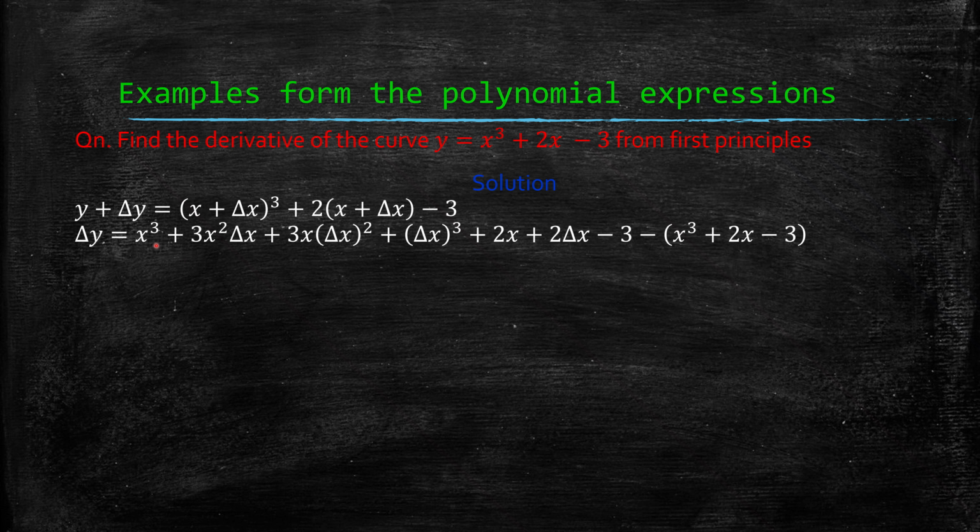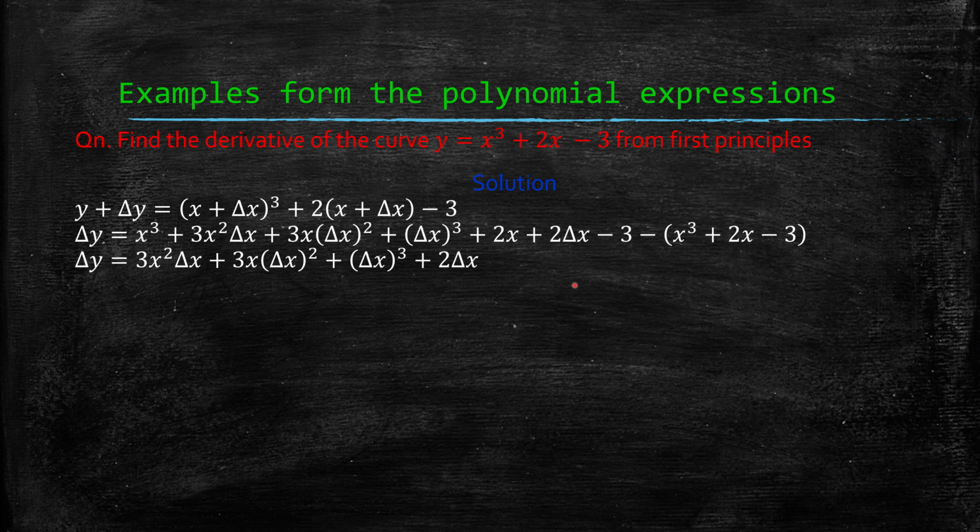When you expand, this is going to become x cubed plus 3x squared small change in x plus 3x into small change in x squared plus small change in x cubed, then plus 2x plus 2 small change in x minus 3, then minus the function y when it has been taken across, which is x cubed plus 2x minus 3.